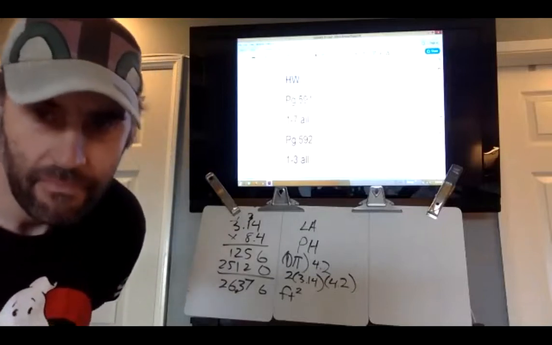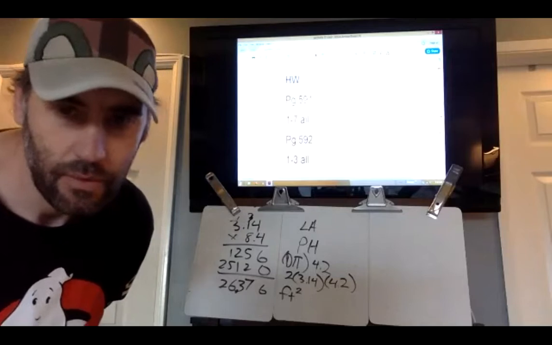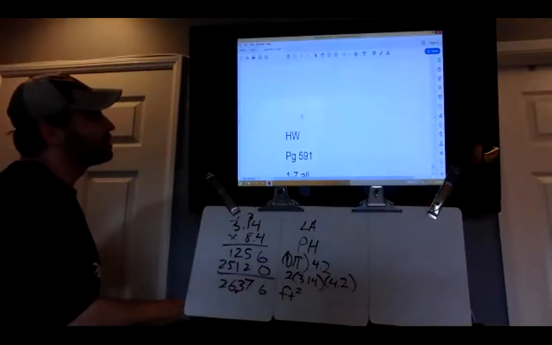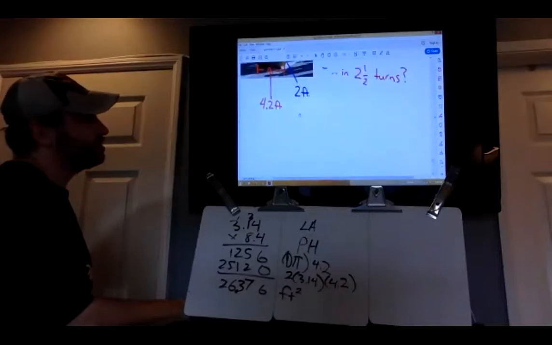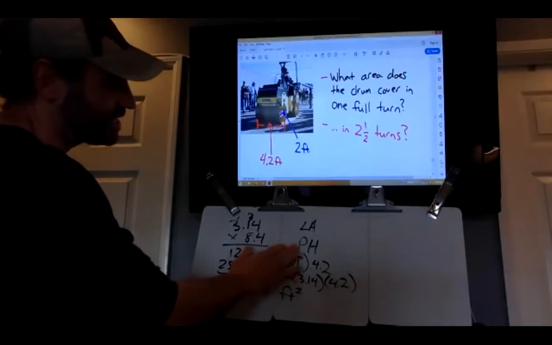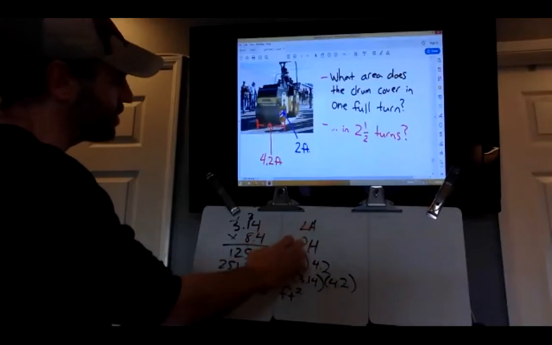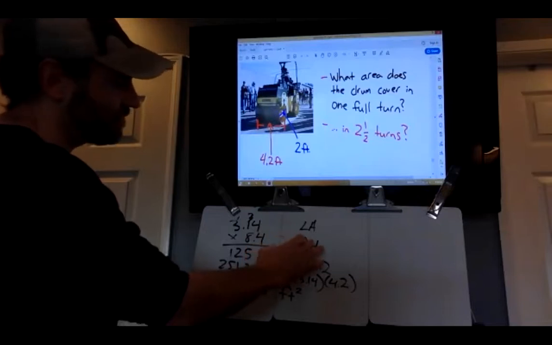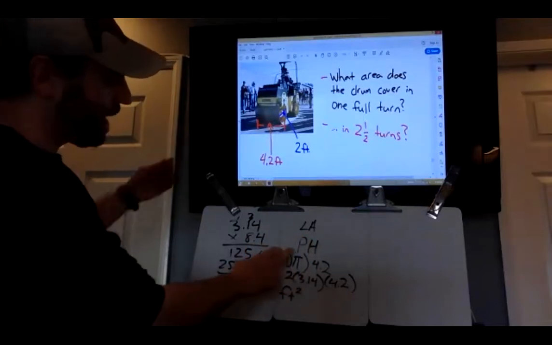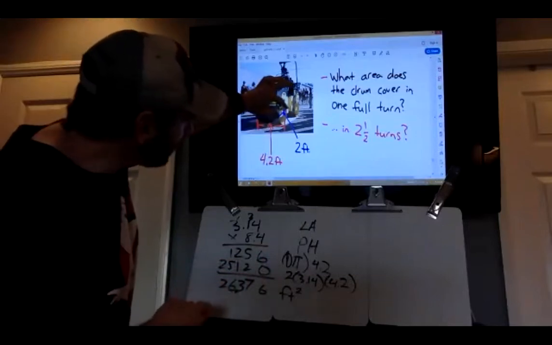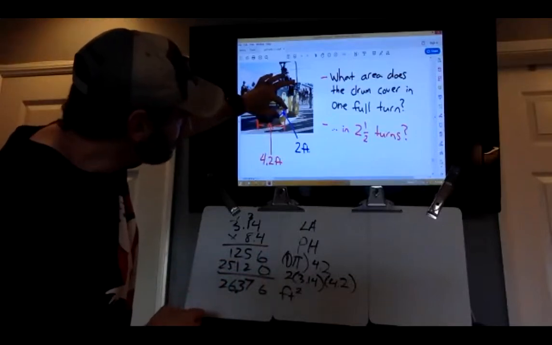Oh, the horror. All these problems. I think we get it. Wait, I have one question. So you multiplied the circumference, you multiplied 2 by 3.14 by 4.2, right? In this one? Yeah. So the lateral area is the perimeter of the base times the height of the cylinder, right? So how do I get this distance here? It's the diameter here, 2, times pi.